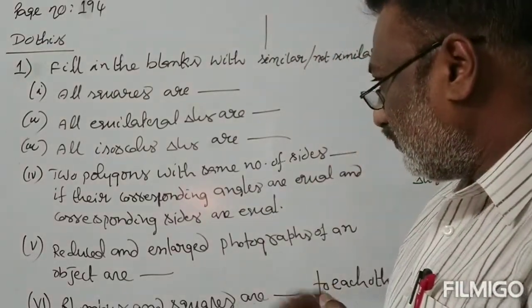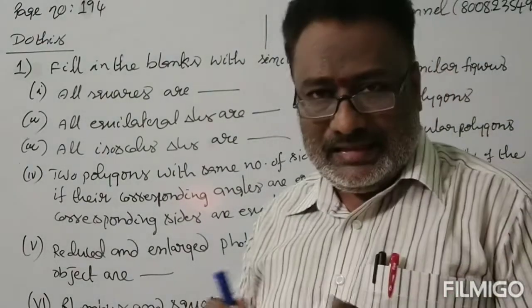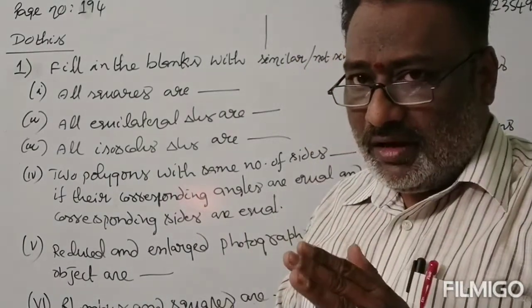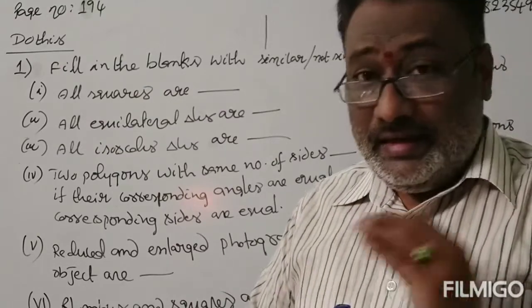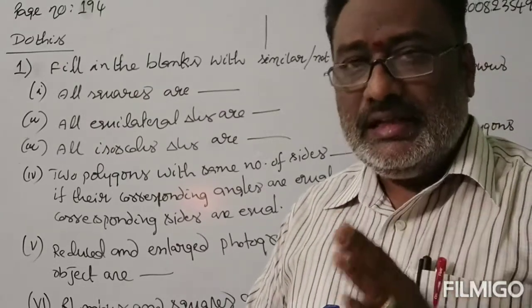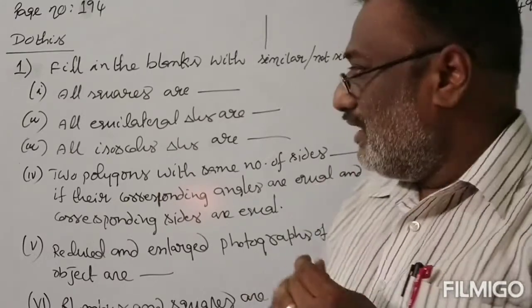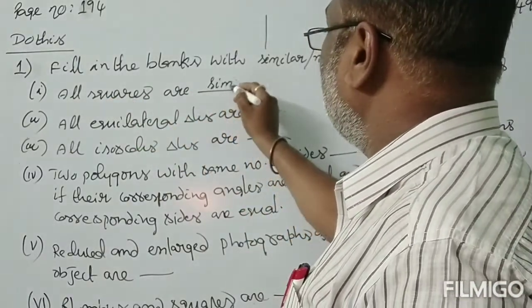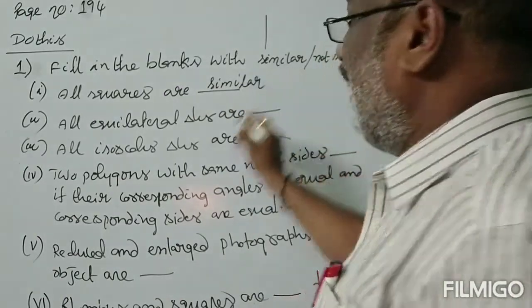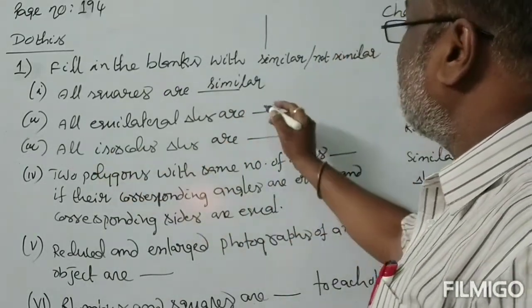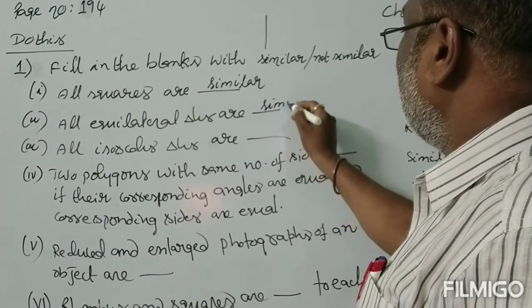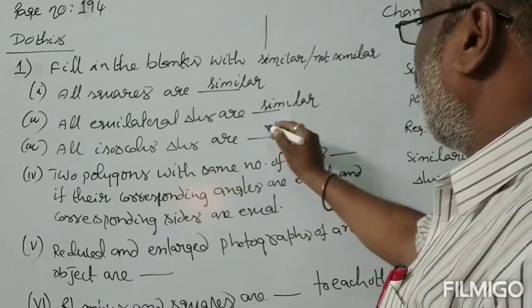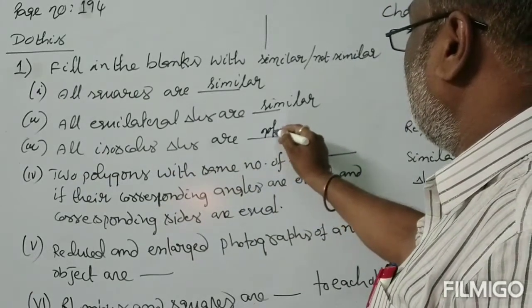After that, all isosceles triangles are dash. In some specific cases isosceles triangles are similar, so saying all isosceles triangles are similar is not correct. So here we can write: all squares are similar, all equilateral triangles are also similar, but all isosceles triangles are not similar.